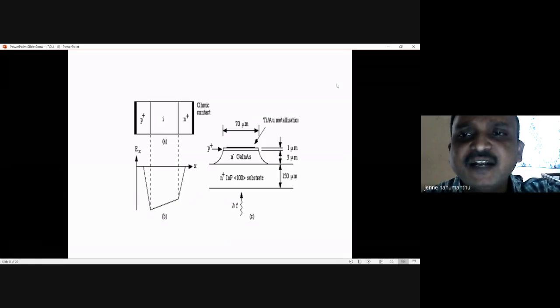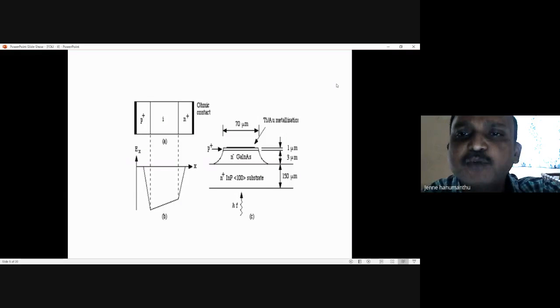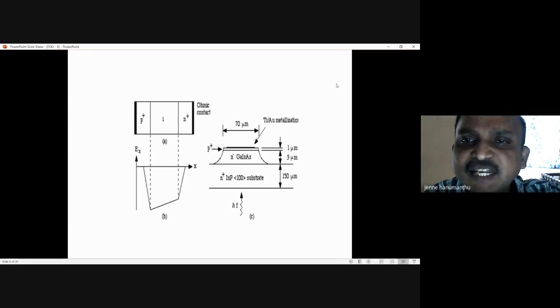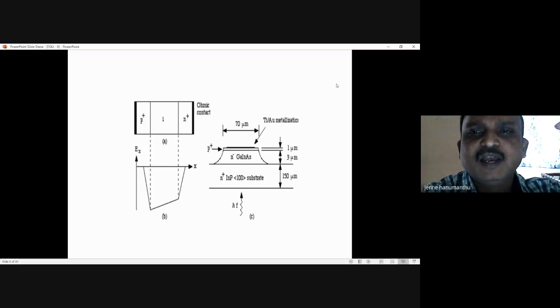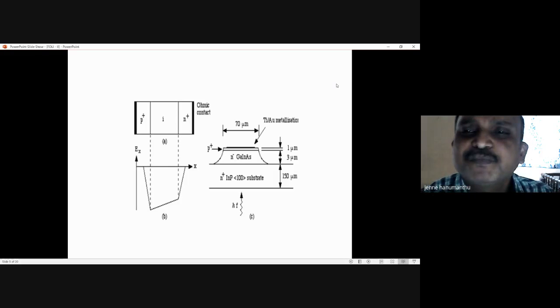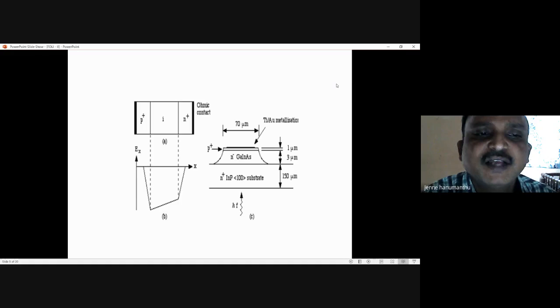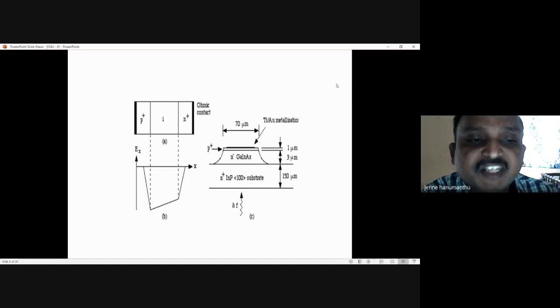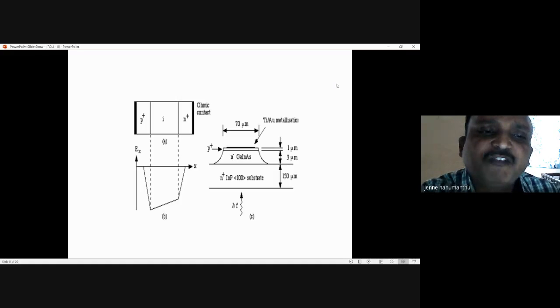When the light is incident on the I region, the light is absorbed by the material. When the material absorbs the light, it creates electron-hole pairs. And when the electron-hole pairs are created, because of reverse bias across this junction, the photocarriers, the electron-hole pairs, may move.